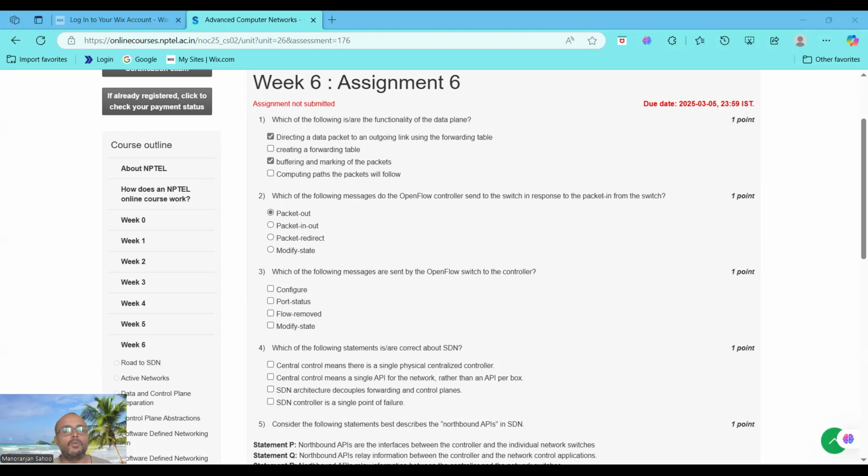When an OpenFlow switch receives a packet that does not match any flow entry, it sends a packet-in message to the controller. The controller responds with a packet-out message, which instructs the switch on how to handle the packet, that is, forward it to a specific port or drop. That's why packet out would be the answer, option A.